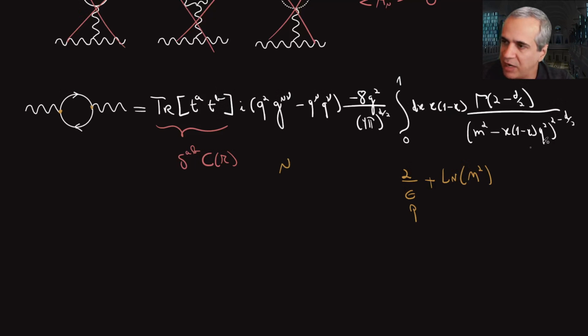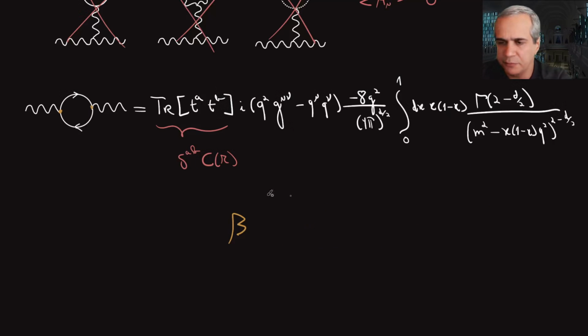I don't have to be very careful about the finite parts of these integrals, right? That's a much simpler thing to do, and it satisfies our aim here, which is in the end to calculate the beta function, right? The beta function will be calculated applying derivatives in this arbitrary scale on the counterterms, and the counterterms will only care about the divergent part. So that's the approach I'm taking now, right? That's why we were so careful before, so that we now can go a little faster, right?